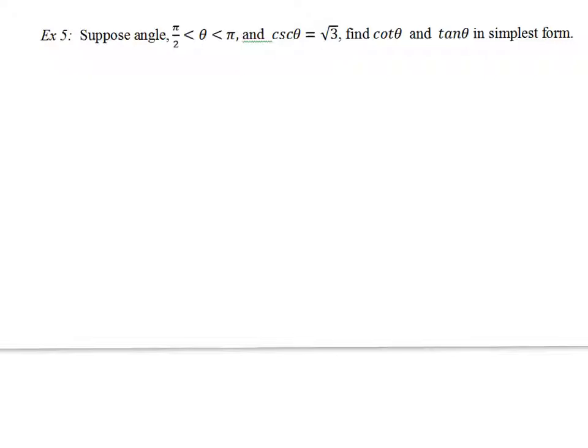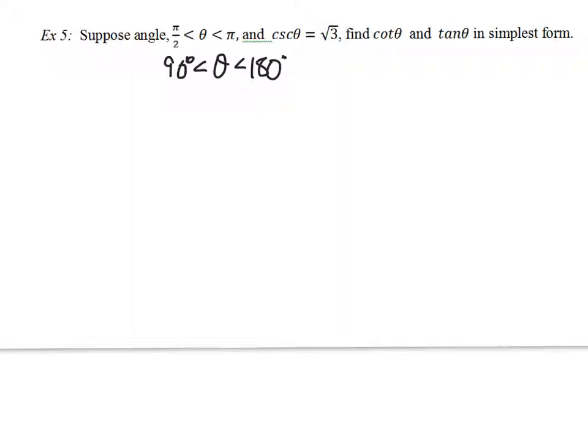Let's go ahead and finish our last example, this time with our trig functions cosecant and cotangent. It says, suppose that the angle theta is between pi over 2. I think by now we all know that pi over 2 is 90 degrees and pi is 180 degrees.